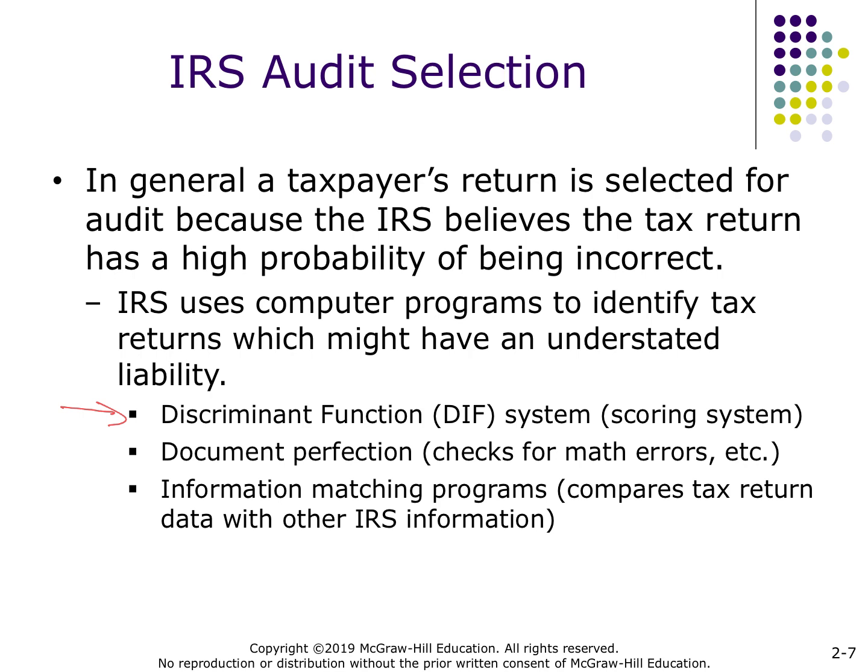And they're going to look at your deductions, medical expenses, your mortgage interest deduction, those types of things, and decide if you are, on average, similar to those other taxpayers that are in a similar tax situation as you, okay? And if you're outside that norm, then you have a higher probability of being audited, okay?